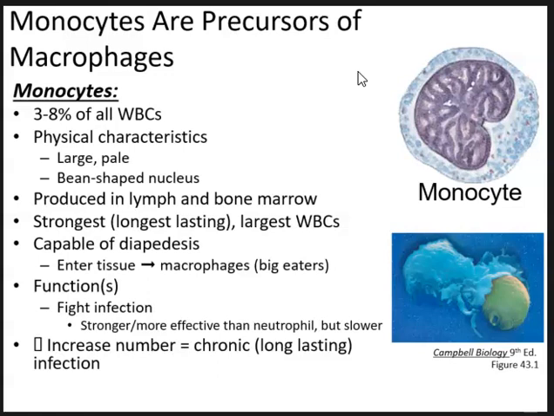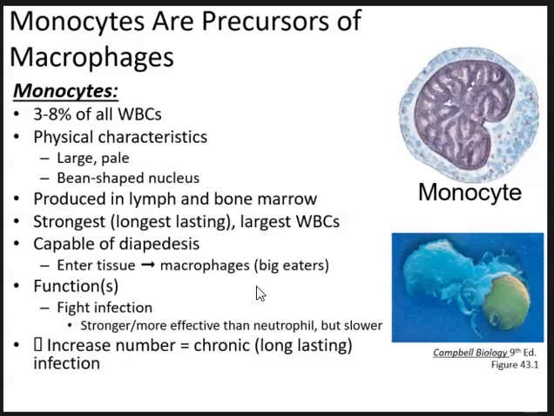When they enter tissue, they become macrophages, and macrophages, of course, have that phagocytizing property, meaning they can eat either antigens or other cells. Monocytes are important in that they fight off infection, and while they are stronger and more effective than a neutrophil, they are a bit slower.